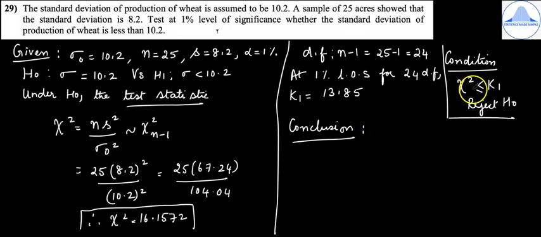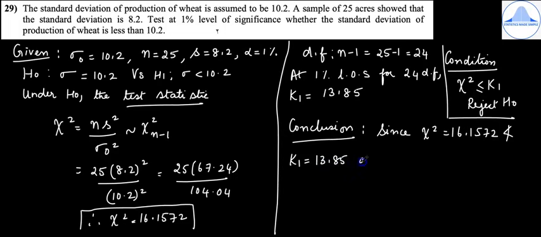Now we come to the last step, that is to write the conclusion. We have to compare the chi-square value with the K1 value. So since chi-square equal to 16.1572 is not less than k1 equal to 13.85 at 1% level of significance for 24 degrees of freedom, we accept H naught.